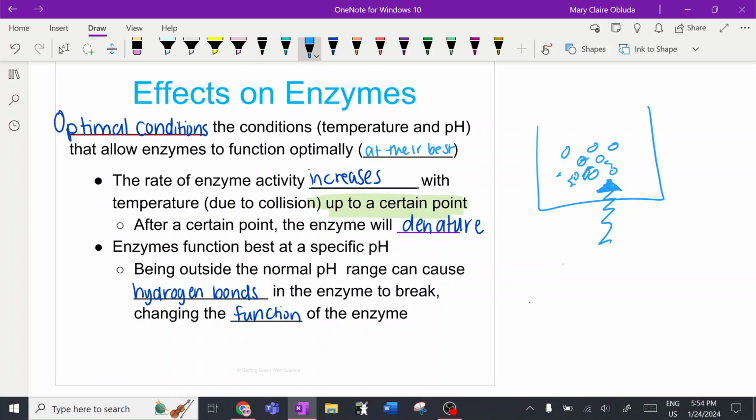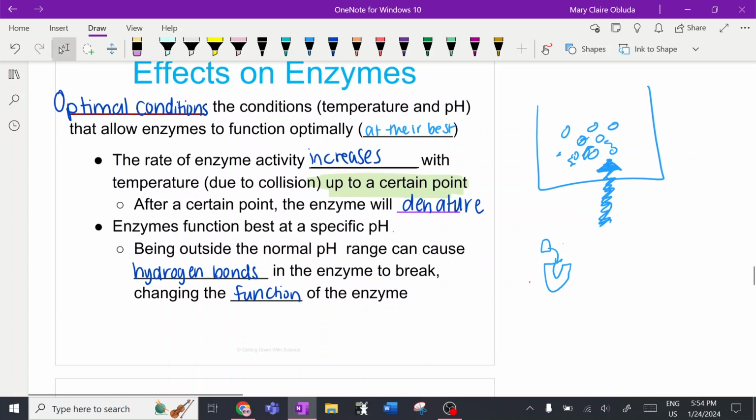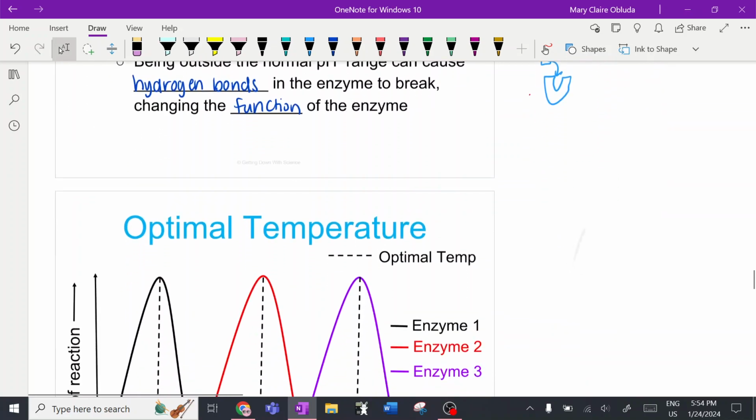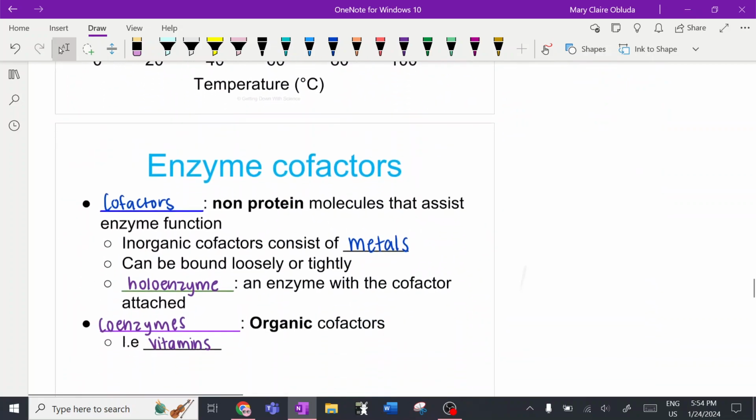When heat is added to the system, energy is added to the substrate, which makes them combine more with the active site of enzymes that are ready to react with them. But after a point, the enzyme will denature because heat will break the hydrogen bonds in the secondary structure. Enzyme functions best at a specific pH. We said pH can break the hydrogen bonds and change the function. This is just a graph about temperatures.